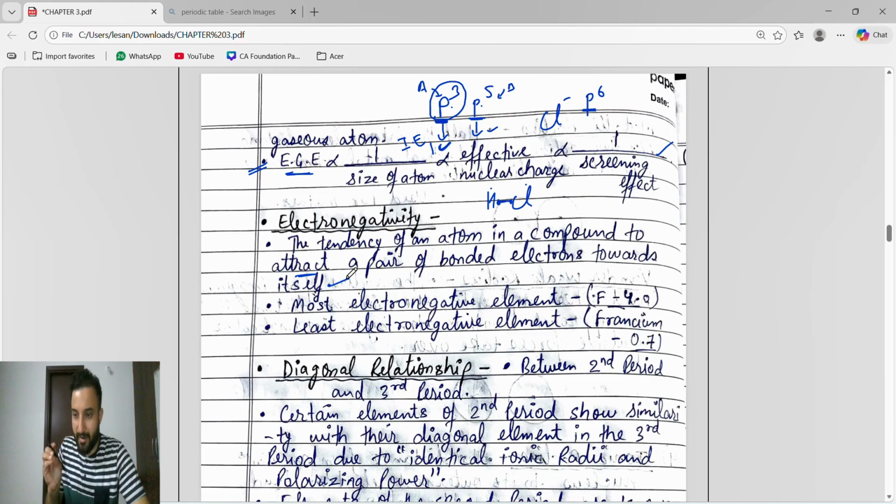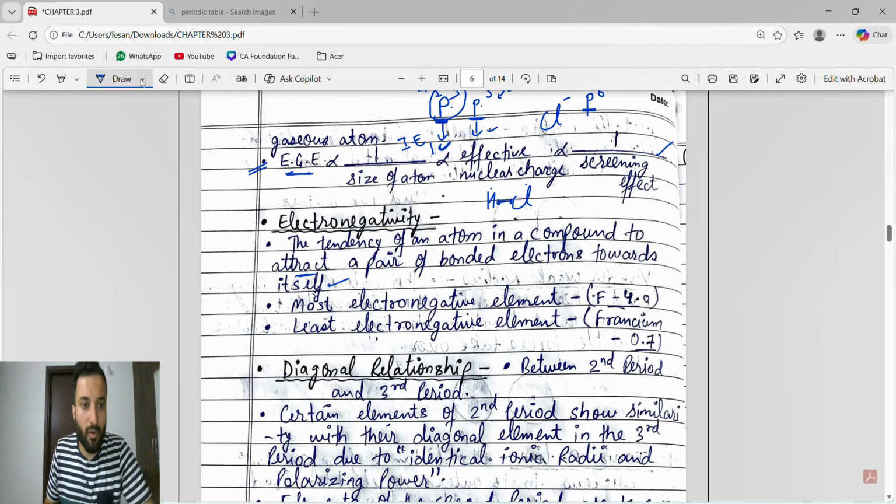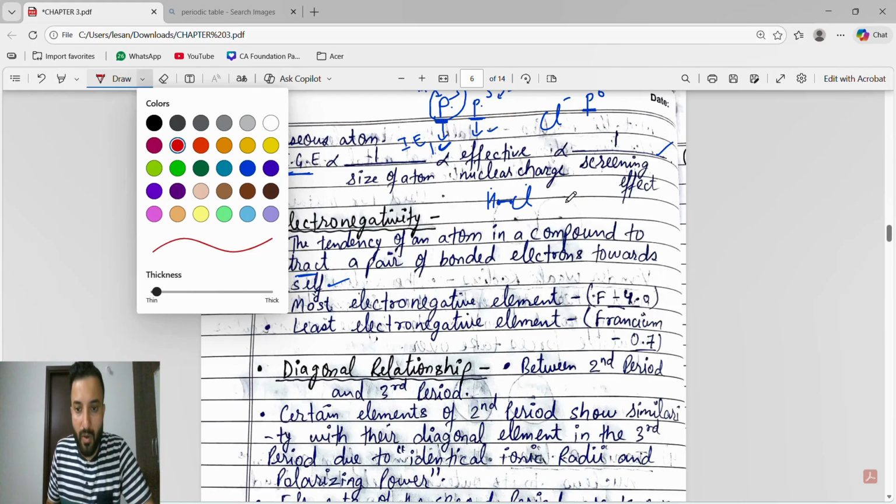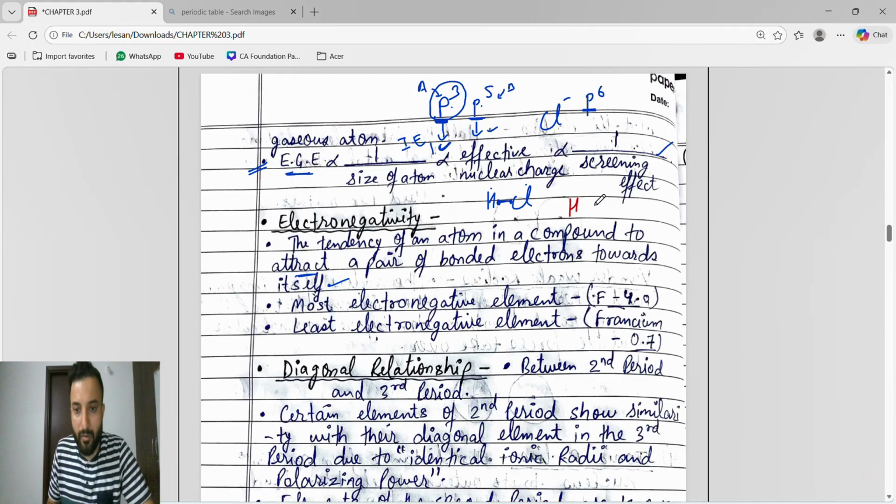So from the hydrogen side, the electron is attracted towards chlorine. This indicates that chlorine is more electronegative as compared to hydrogen.